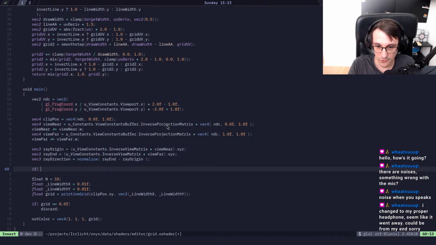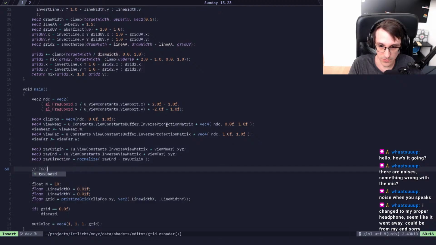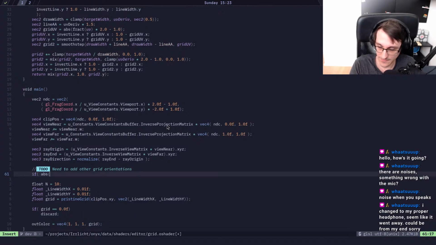So basically, if our ray direction, here we just need to add other orientations. Because what we do here is, if the ray direction in y is less than 0.001f, I guess we could do epsilon, right?